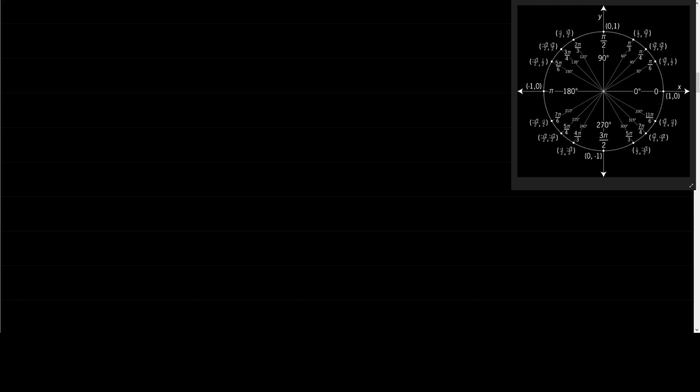If you recall, when we said that the domain for y equals sine inverse of x, actually let's look at the range. The range was from -pi over 2 to +pi over 2, and for y equals cosine inverse of x, the range was from 0 to pi.